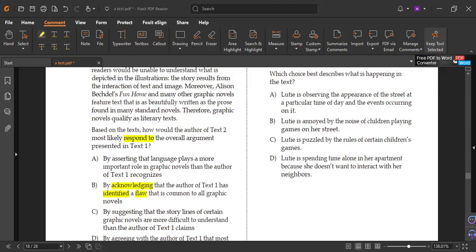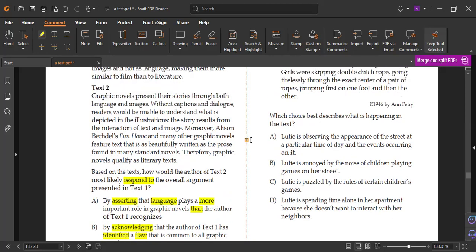But why not letter A? By asserting that language plays a more important role in the graphic novels than the author of text 1. So we have a comparison. Where is that? He said here, without captions and the dialogue, readers would be unable to understand what is depicted in the illustrations. So we need captions and the dialogue. Graphic novels present their stories through both, not only images.